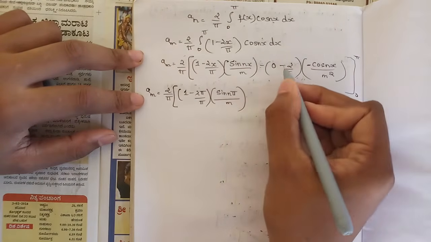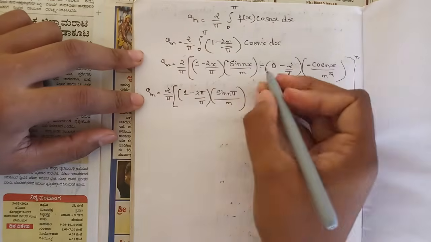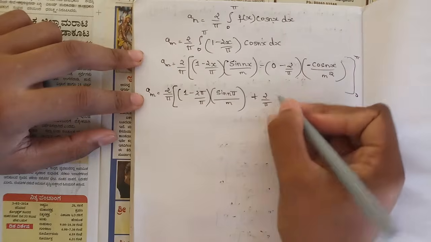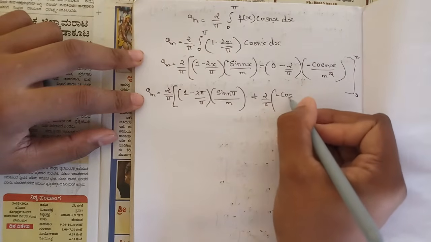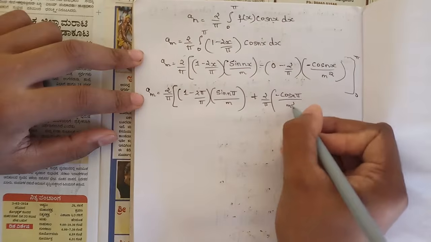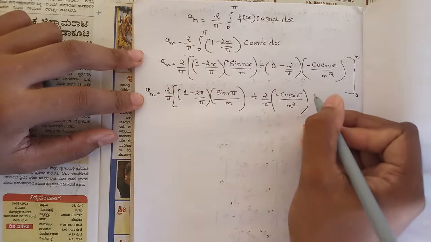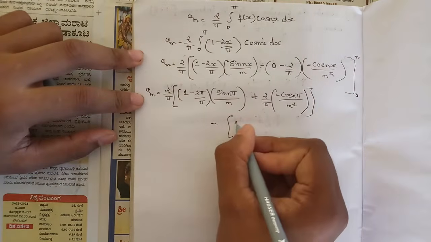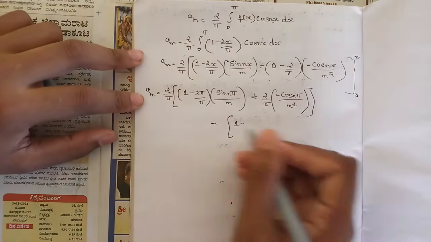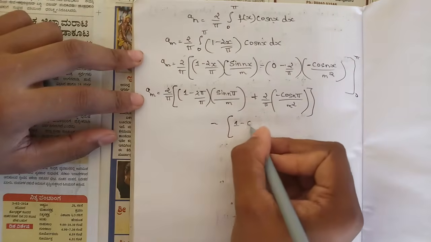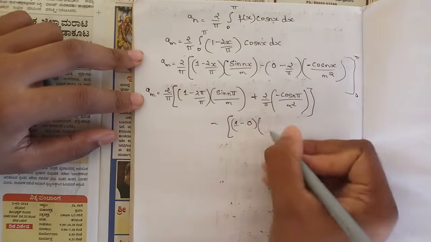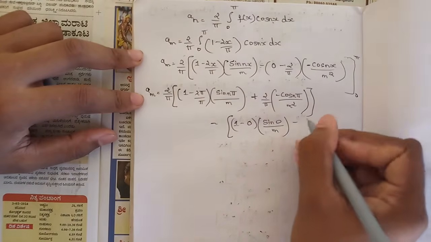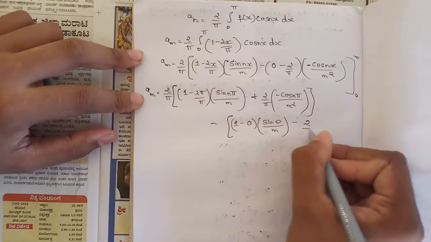So minus into minus, 0 minus 2 pi is minus 2 pi, so minus into minus is plus 2 by pi, minus cos n pi by n square, minus 1 minus 2 into 0, so this becomes 0, sin 0 by n, minus 2 by pi.